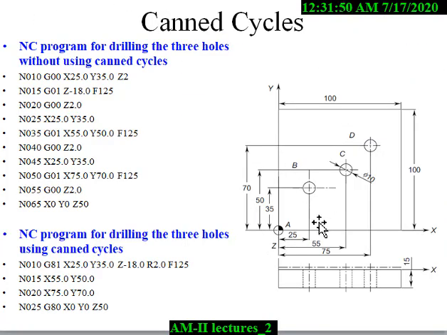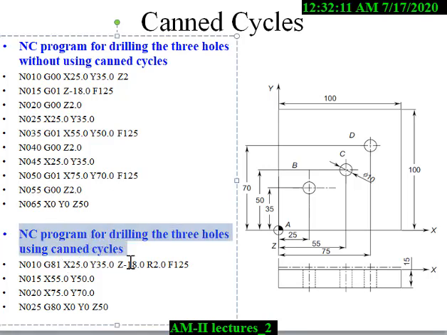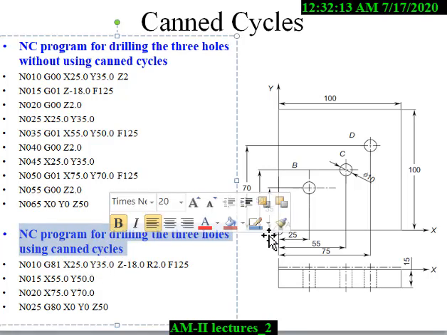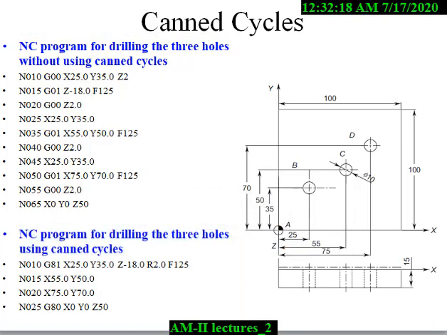So this is a simple example of drilling 3 holes with or without the canned cycle. The first CNC program represents drilling the 3 holes without the canned cycle, and the CNC code below represents drilling the 3 holes with the canned cycle. So let us see how we can use the canned cycle.